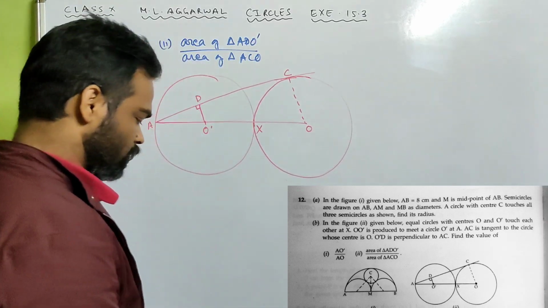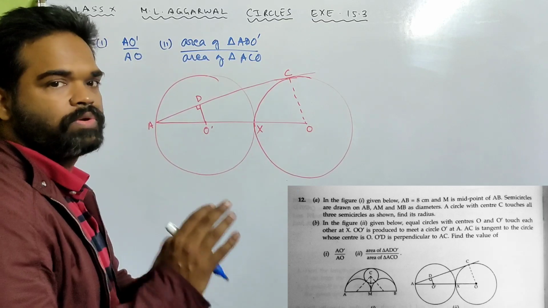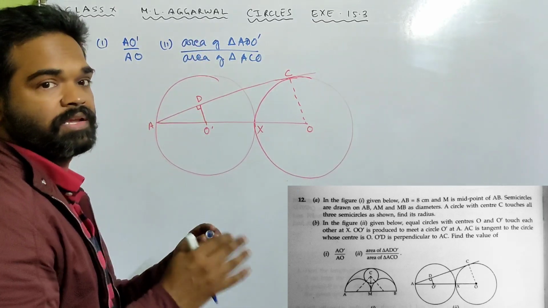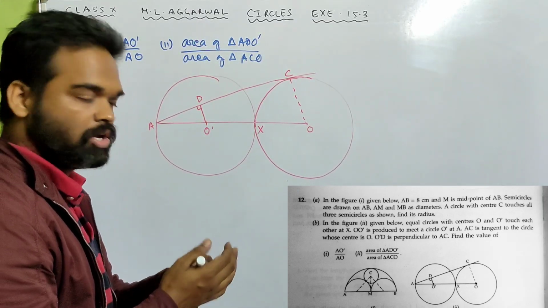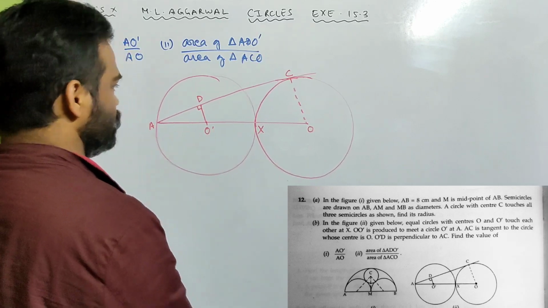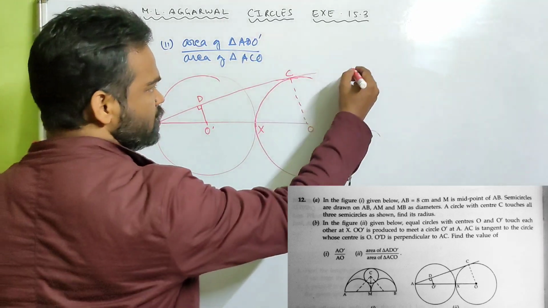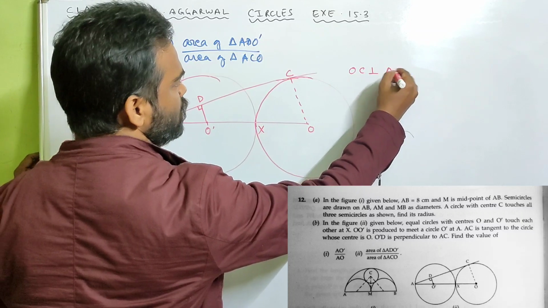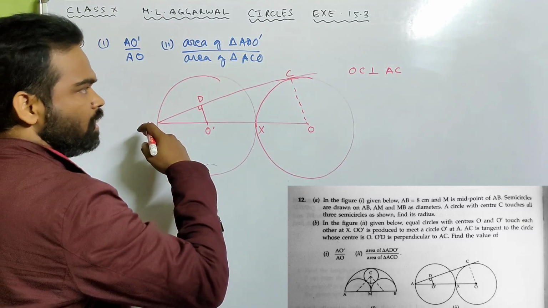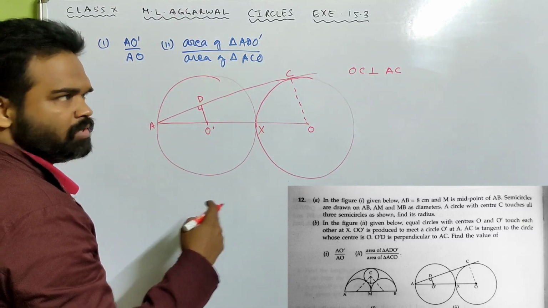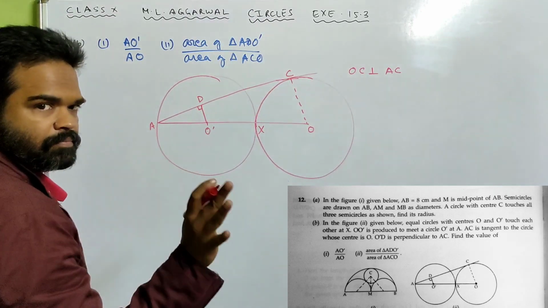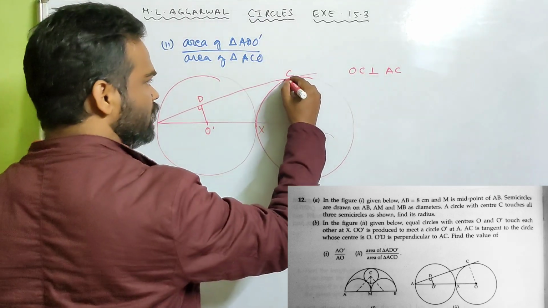See, by the look of the sum, we know there's something to do with similarity, ratio of the areas, ratio of the sides. So, if you look carefully, first of all, OC will be perpendicular to AC because the radius is perpendicular to the tangent at the point of contact. Yes or no? So, this is 90 degree.